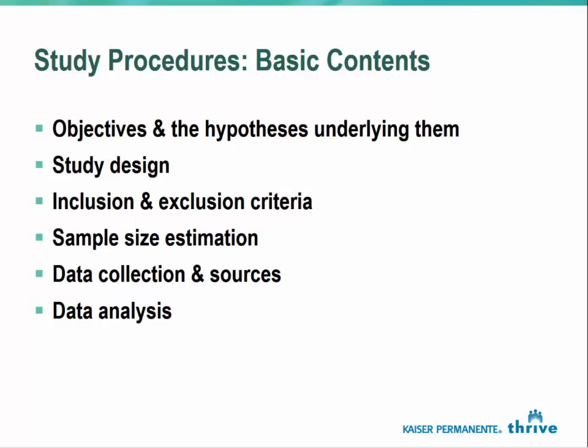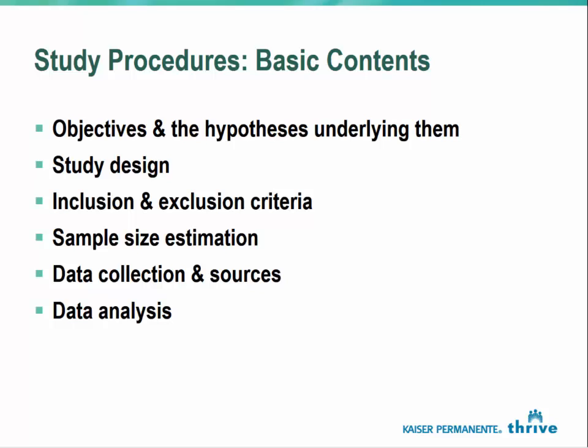So the basic contents of a study procedure are your objectives, and then generally we try to apply the hypothesis underneath them to let the reviewers understand what we're trying to do and what we're basing our study on. We'll include a study design: retrospective cohort study design, case control, randomized control trial, etc. We'll describe the inclusion and exclusion criteria that will be used to include the patients or subjects in your study.